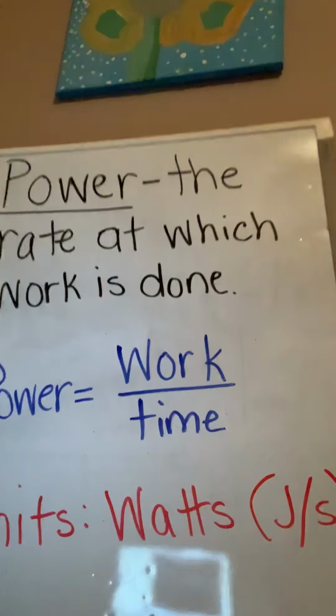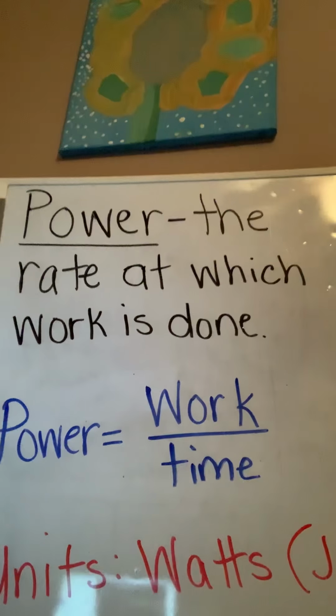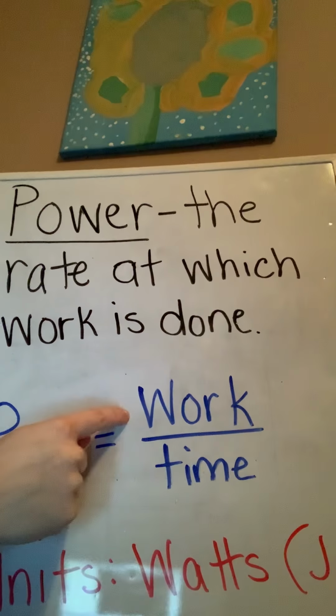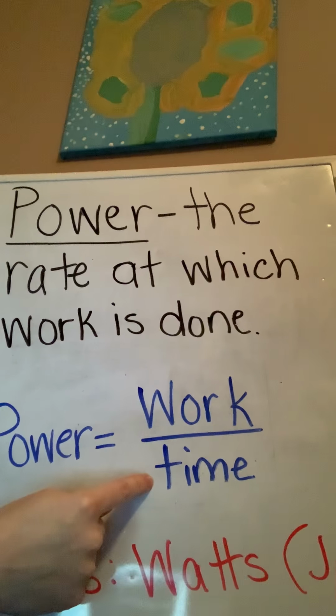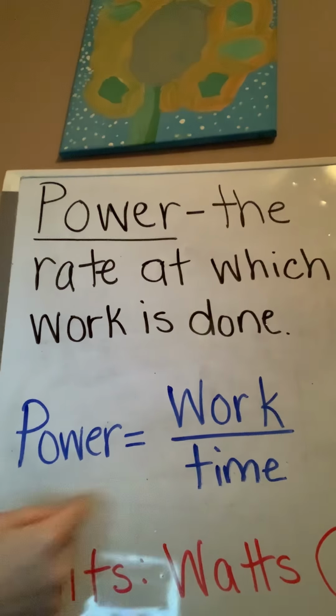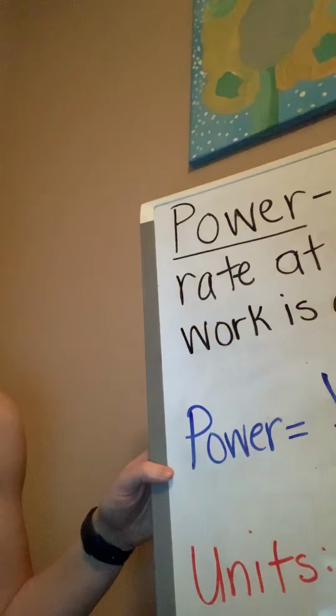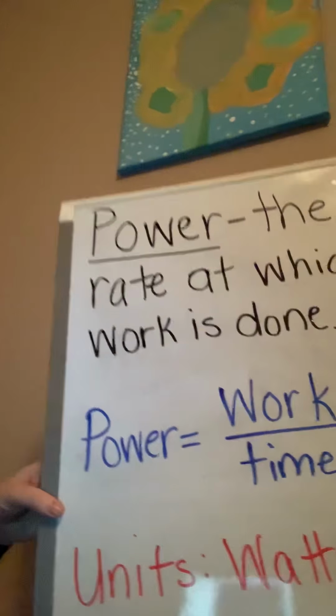The equation for power is work divided by time. So work in joules divided by the time in seconds gives you power. The next slide over is talking about the units.